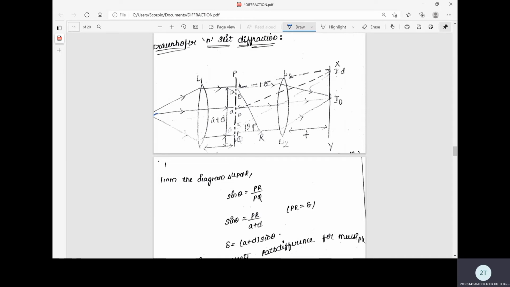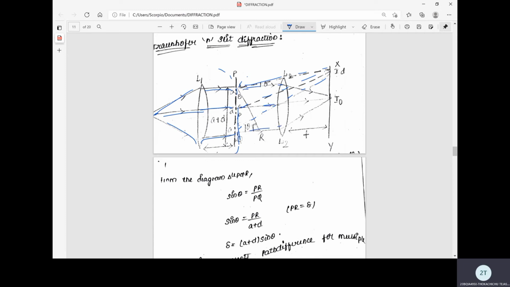Light comes from a source S, strikes the lens L1, and becomes a parallel beam of light. Up to this part it is the primary wavefront, and after hitting the slits it gets divided into two parts, that is the diffracted light and the normal light, which continues as a parallel beam.